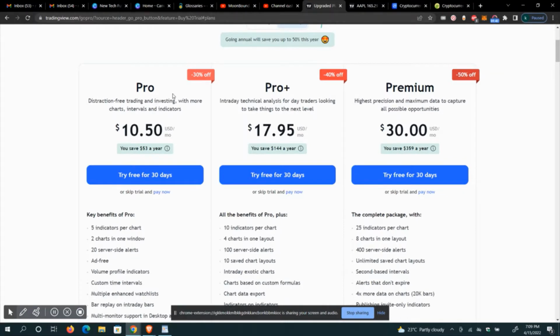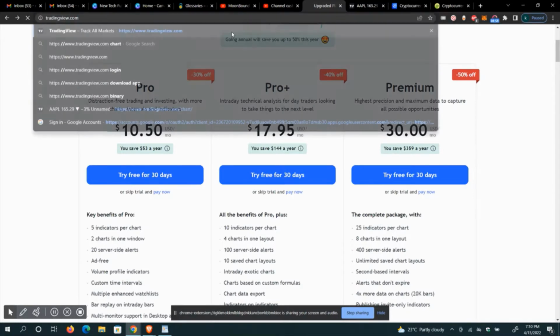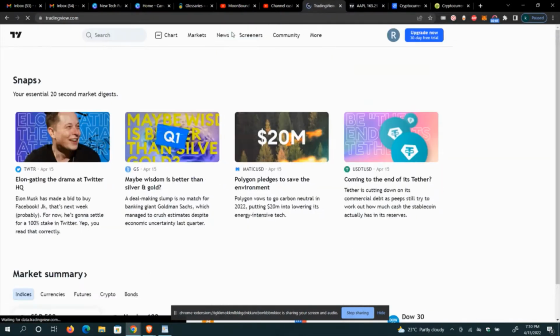You have the Pro, the Pro Plus, and the Premium, and these are their prices. You either pay monthly or annually. But that is not what we are talking about now. It's just showing you what TradingView tends to offer after the 30 days free trial.